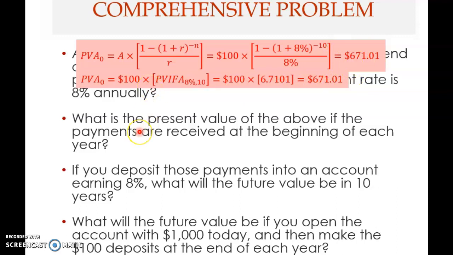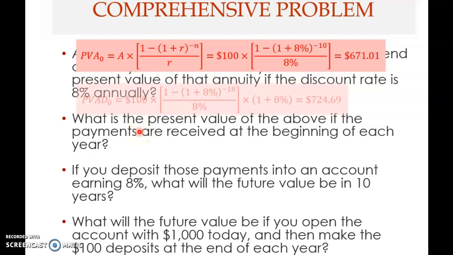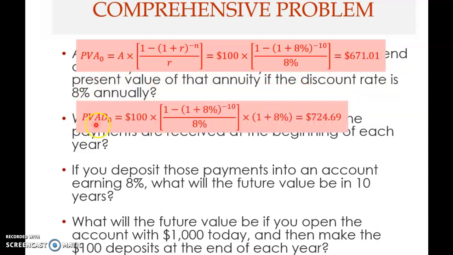Now coming to the second question. Alright, so this is present value of annuity due. It's similar to this, except you have this factor here. You multiply with 1 plus r, because it's annuity due. So therefore you get 724.69. It must be higher than this; it must be greater than this.